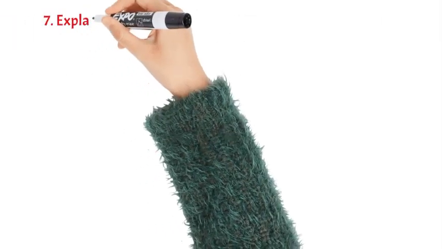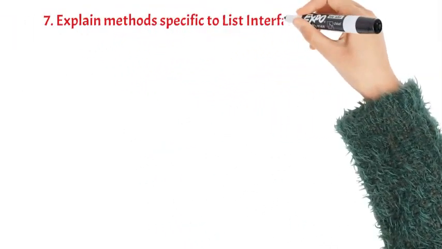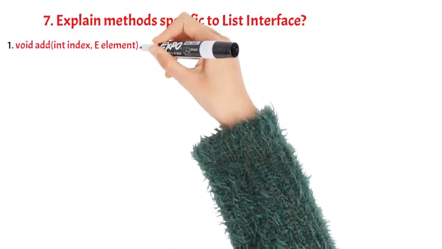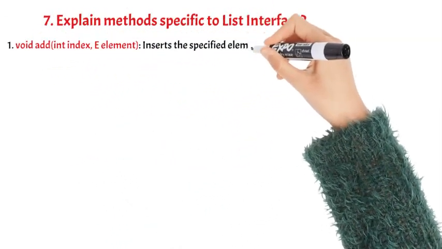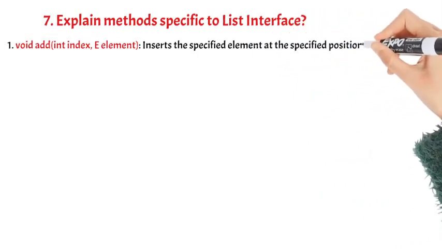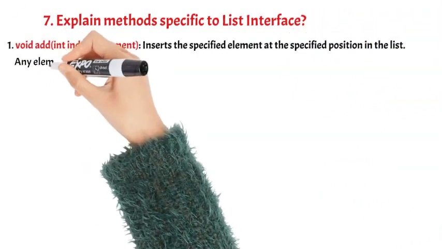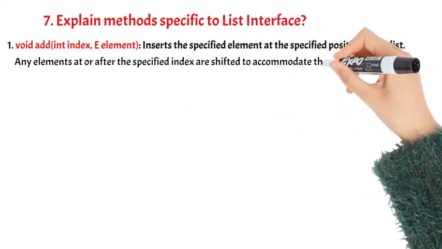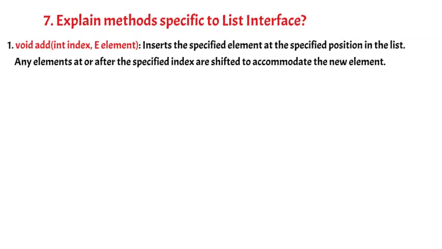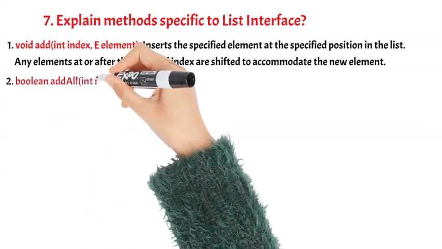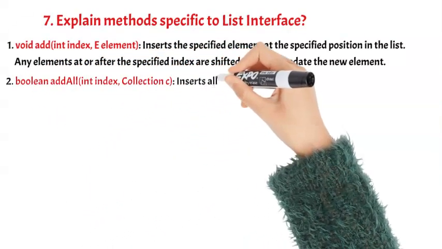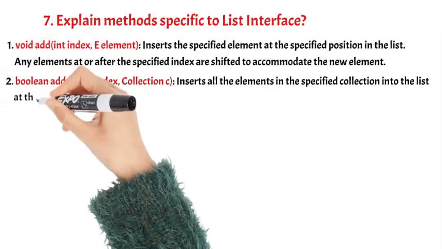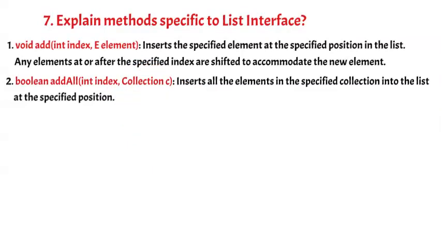7. Explain methods specific to List interface. 1. void add(int index, E element) inserts the specified element at the specified position in the list. Any elements at or after the specified index are shifted to accommodate the new element. 2. boolean addAll(int index, Collection c) inserts all the elements in the specified collection into the list at the specified position.